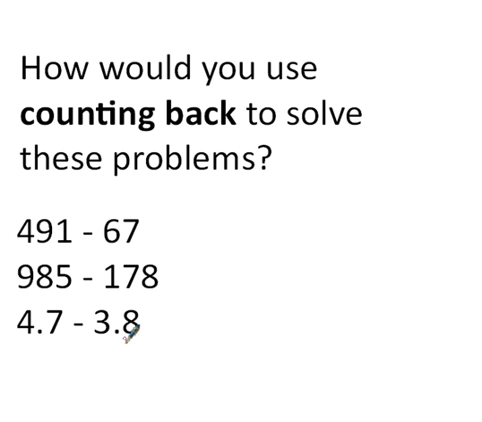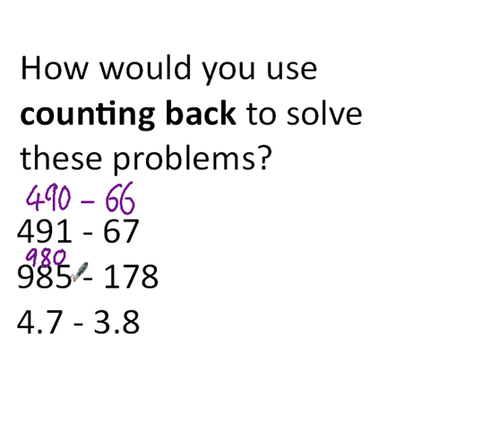Okay, this is how I would do it. 491 take away 67. Well, the nearest friendly number to 491 is 490. So I do 490, and I wouldn't need to take away 67 anymore. I'd only need to take away 66 because I've already counted back 1. How would I do this? Well, 985, the nearest friendly number to 985 is 980.